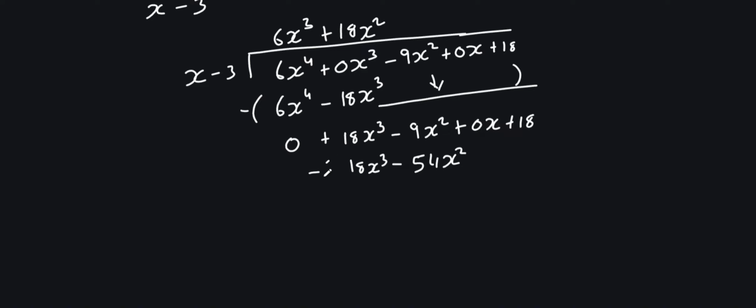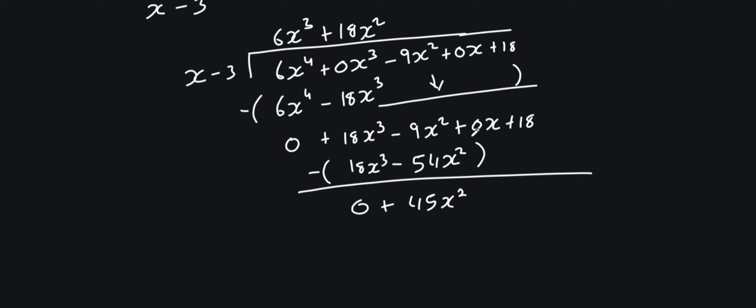We're going to subtract this as well. So this is 0, minus 9x squared minus 54x squared would give us plus 45x squared, and then for the rest we just drop it to the next level. So that's plus 0x plus 18, and we do the same thing again.